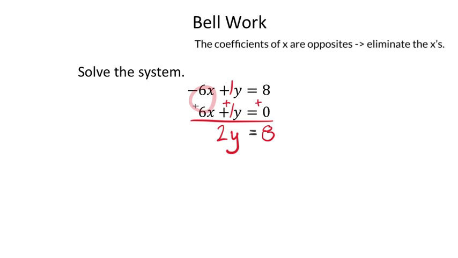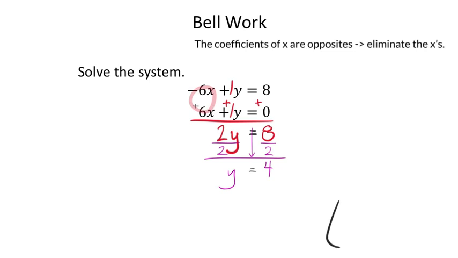And I now have a one variable equation with a y that is a one-step equation to solve. So to solve this, I'm just going to take both sides and divide them by the coefficient of 2. And that's going to give us a phantom 1y, which now equals 8 divided by 2, which is 4.